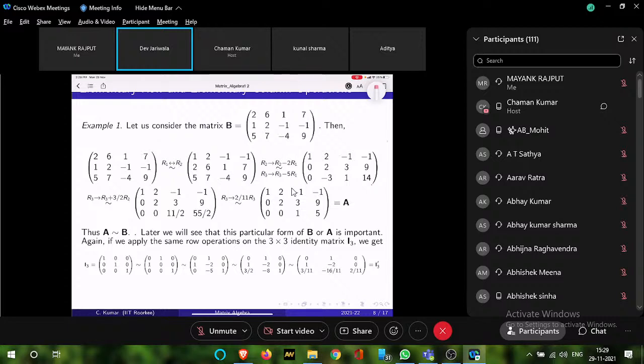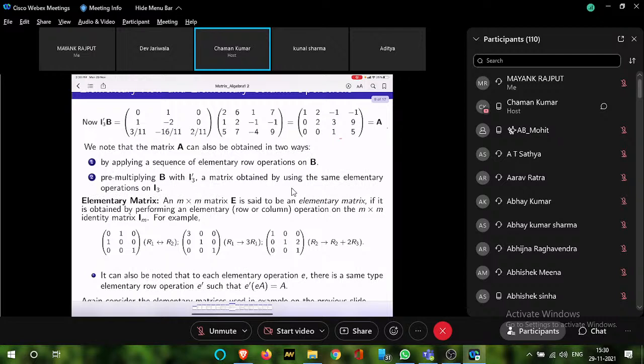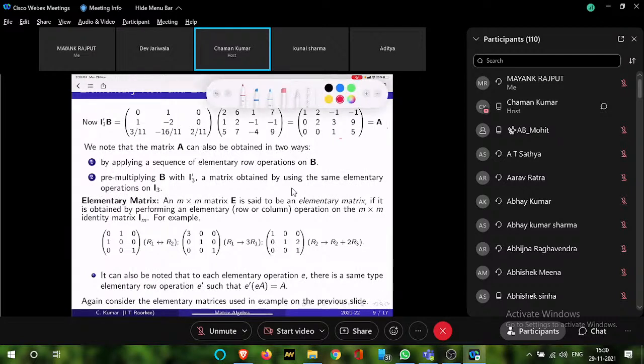But I don't have a rigorous proof of that fact. If you were able to do this, then all matrices would be equivalent, so this is not true. Basically, whenever you are able to get a matrix using the elementary row operations, then they are equivalent. Otherwise, not. All right. So now let us see this elementary matrix.